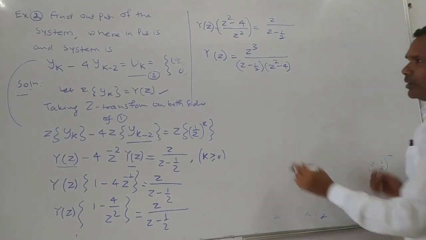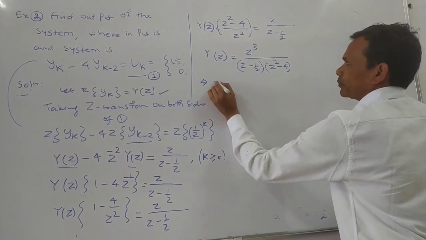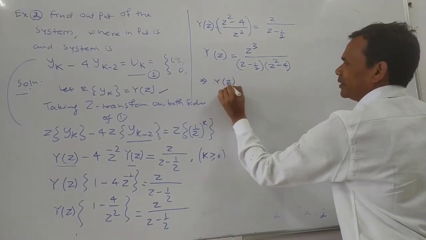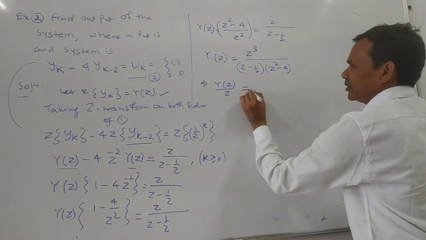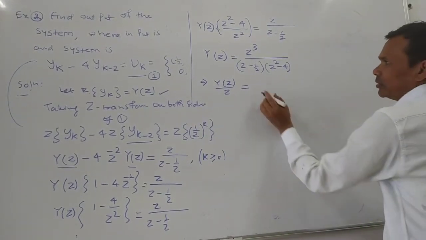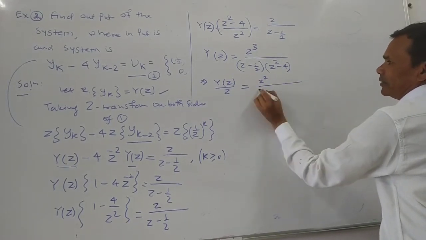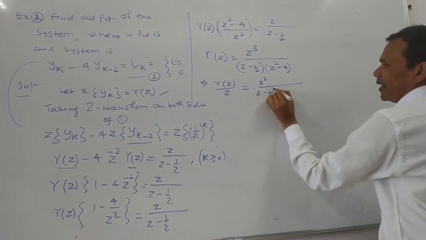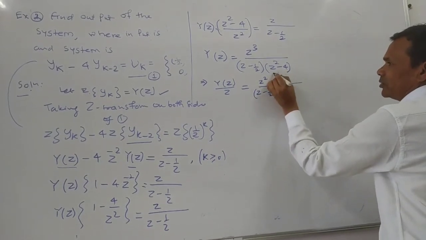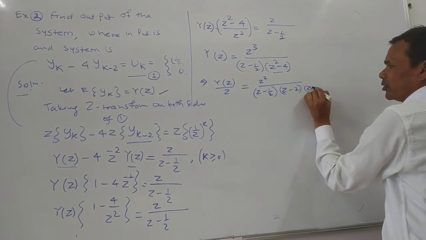Now I can write this in the form: y of z upon z. Normally we use this particular form for the partial fraction. If you observe here, z square divided by z minus half, and I factorize z square minus 4 as z minus 2 and z plus 2.